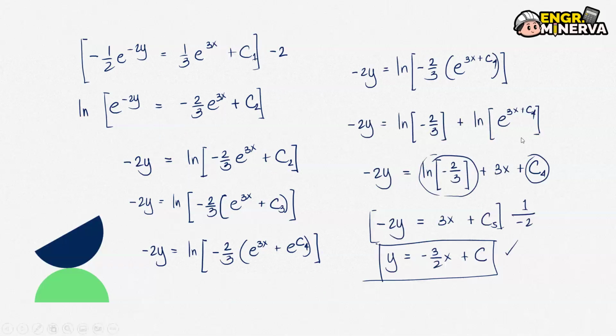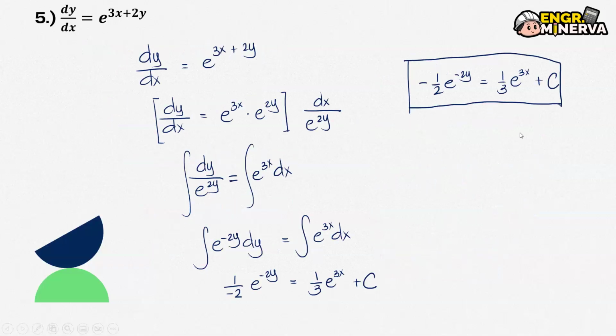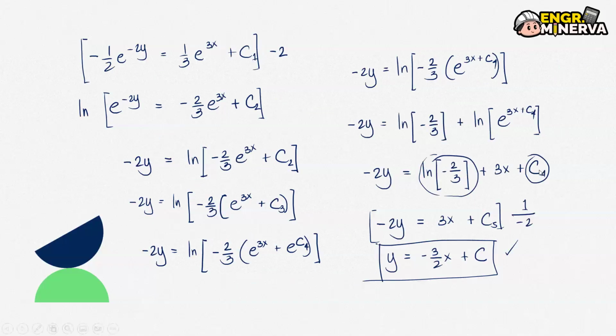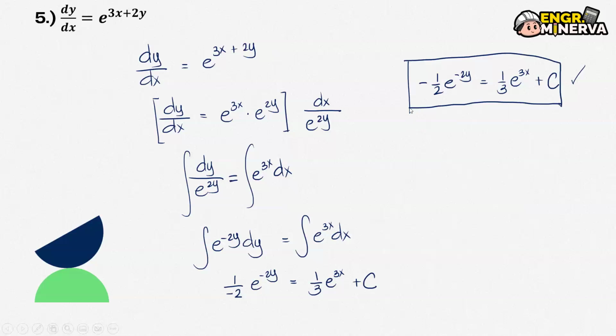Those are the final answers. Take note that you can have this as your answer. If ever there are choices in the exam, and this is one of the choices, you need to make your answer the same as that of the choice. Thank you so much, and God bless.